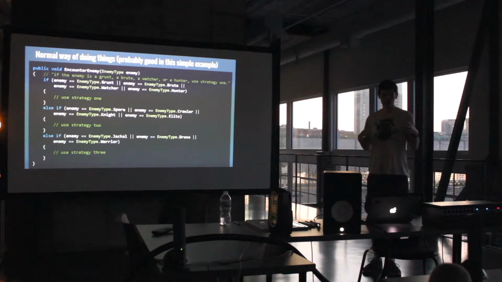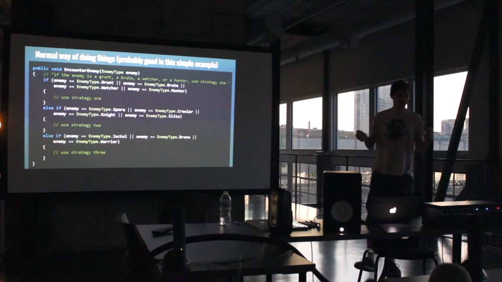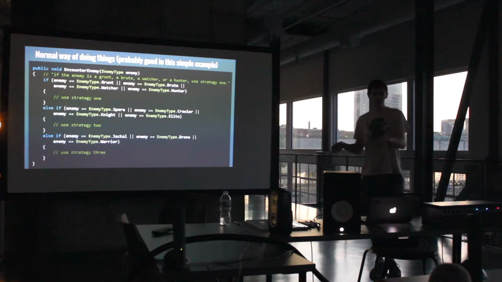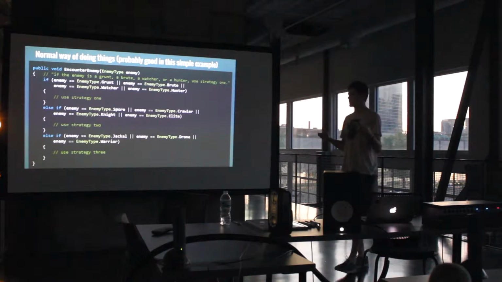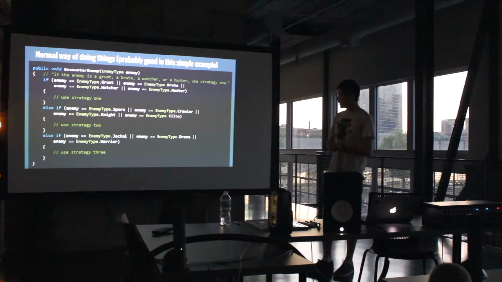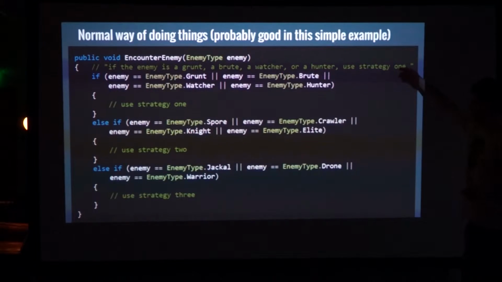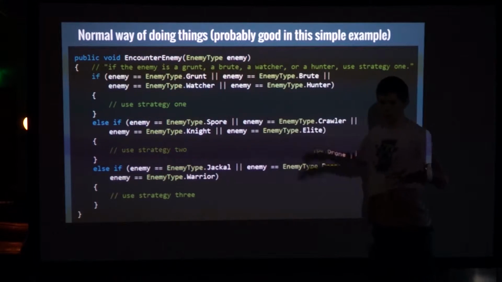Now, here's an example where, let's say you got some code where you're encountering an enemy, or your player encounters an enemy, or maybe let's say an AI player encounters an enemy. That's what I'm giving as a kind of a contrived example. Okay, so what this code says is, if the enemy is a grunt, a brute, a watcher, or a hunter, use strategy 1.